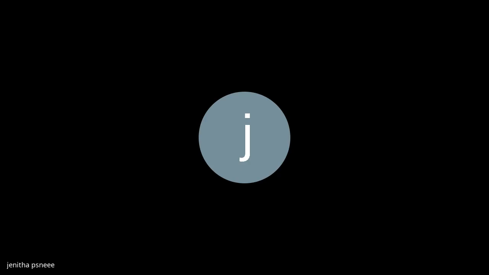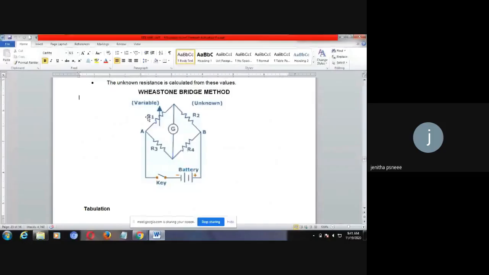I will show it in the diagram. R3 and R4 are the ratio arms, and we will keep these fixed. R1 is a variable one, so by changing this resistance, we can balance our bridge.